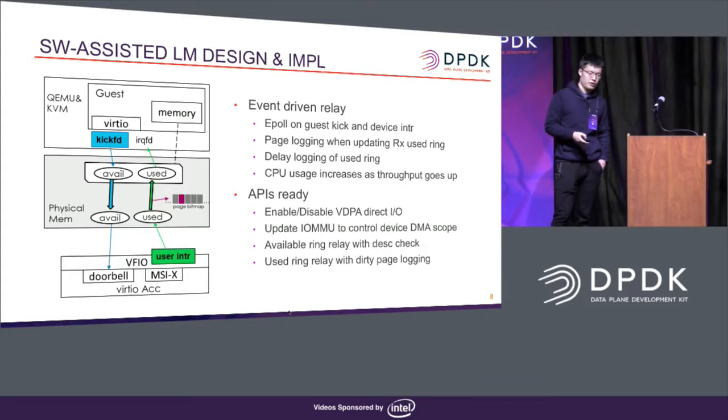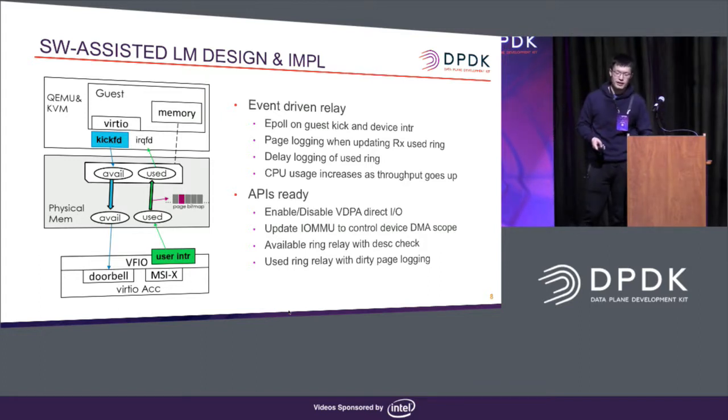And you may have a question. The used ring update in the guest is also a guest memory write, right? So why not do the dirty page logging for that used ring? Here we want to do an optimization.